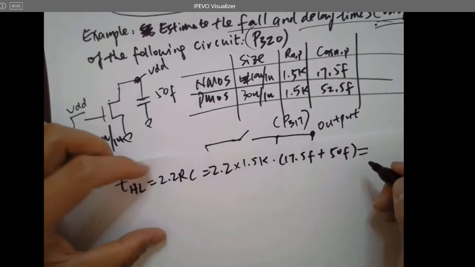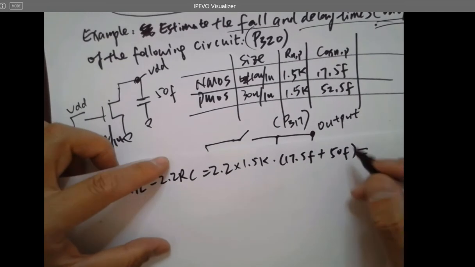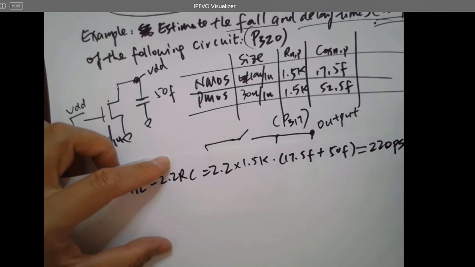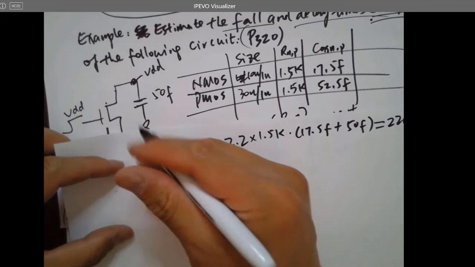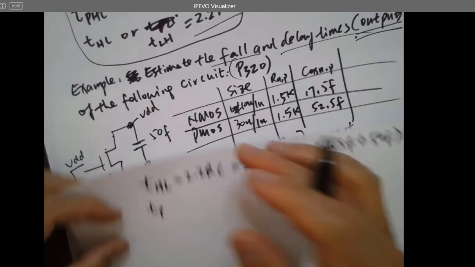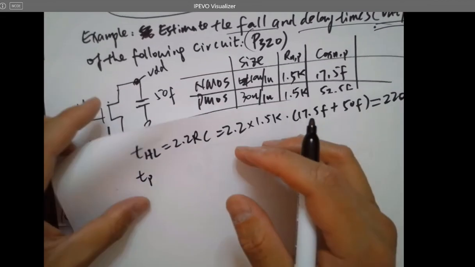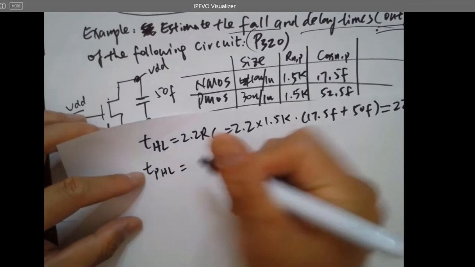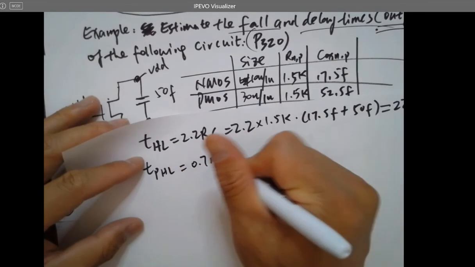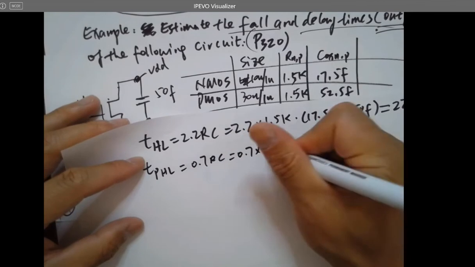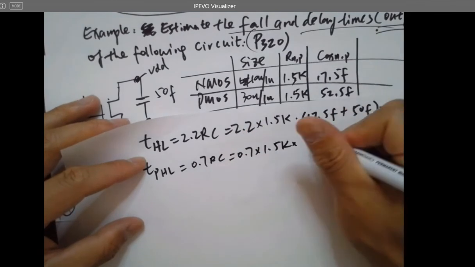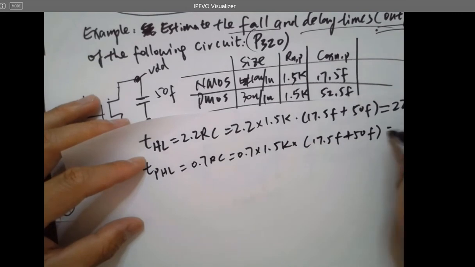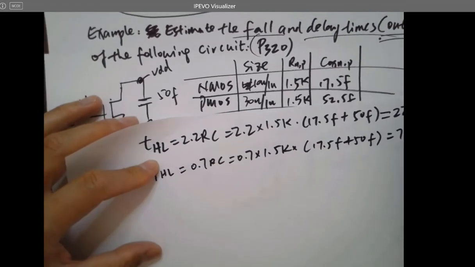Just do the calculation, which is going to give you 220 picoseconds. And for the propagation delay, which is the time difference between the input and output at the 50% amplitude, it's called TPHL, which is 0.7 RC. It's going to be 0.7 times 1.5K times 17.5 femto plus 50 femto. So the result is 70 picoseconds.